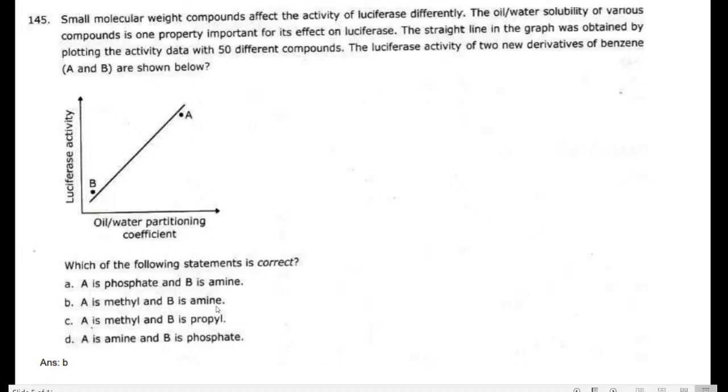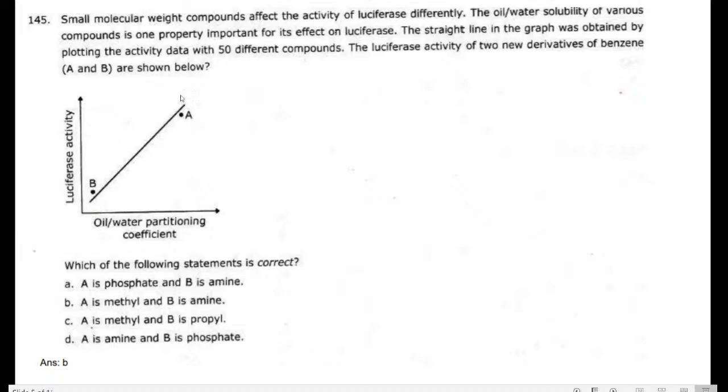While you are adding the amine group, we all know amino acids have this amine group, which gives a non-polar effect. So when you add amine to benzene, the molecule also stays in a non-polar state, which comes to 0. So here the B molecule is 0, that is amine-added benzene.